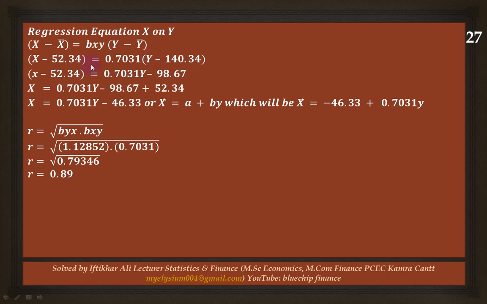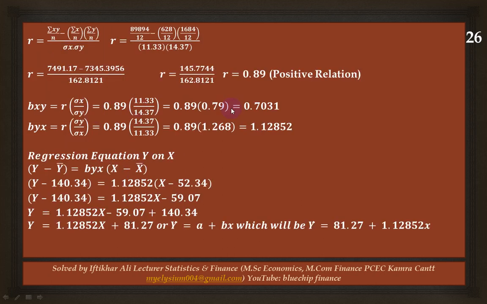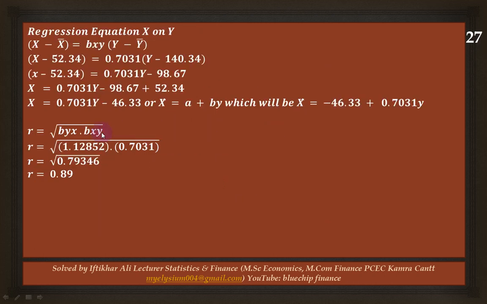Simply put the values into the equation and you can get the answer that it is equals to minus 46.33 plus 0.7031y. And now we have two regression coefficients, 0.7031 and 1.12852. And when we multiply these two and take the square root, it will become 0.89 and it is the correlation coefficient.